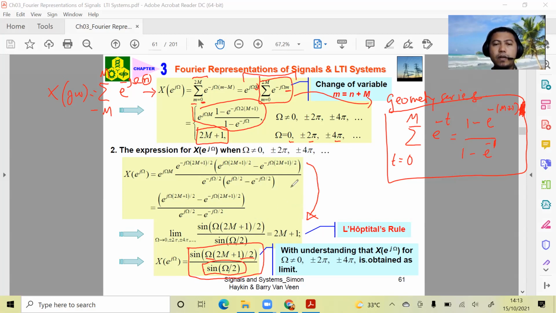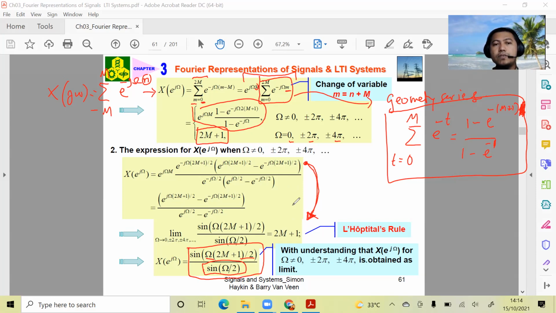I just want to point out that if you are interested in the analytical mathematics, you can see how to derive it.